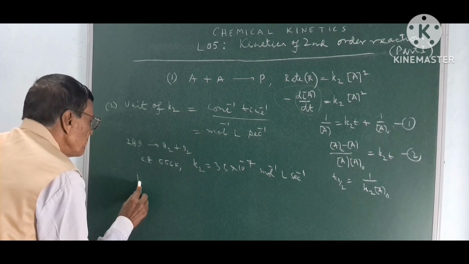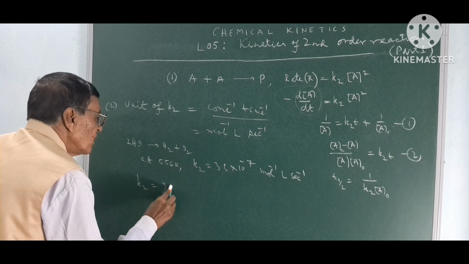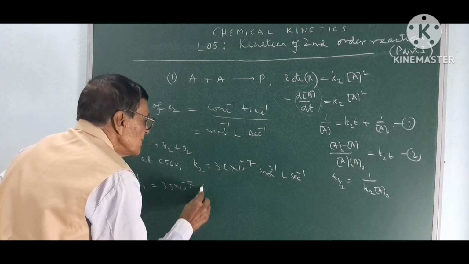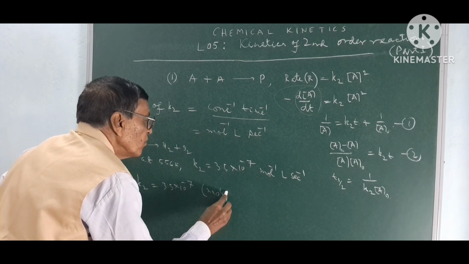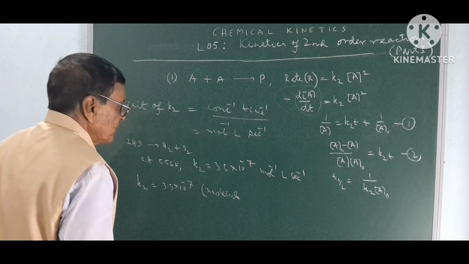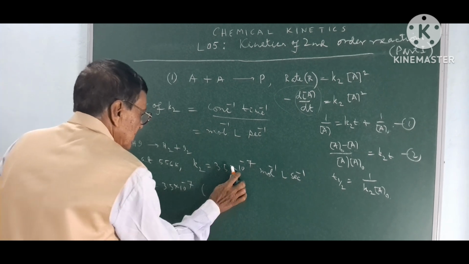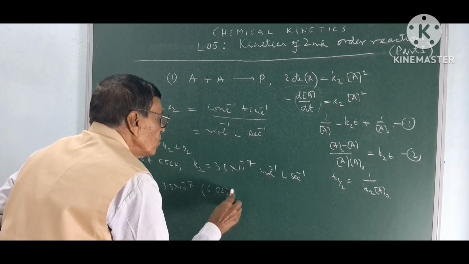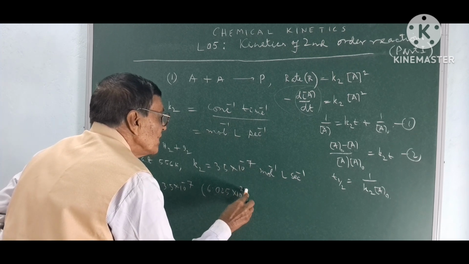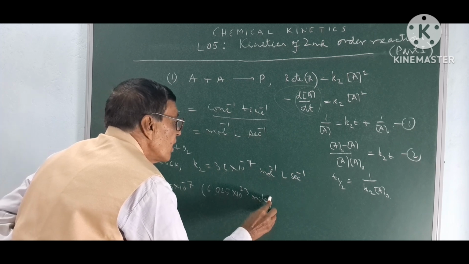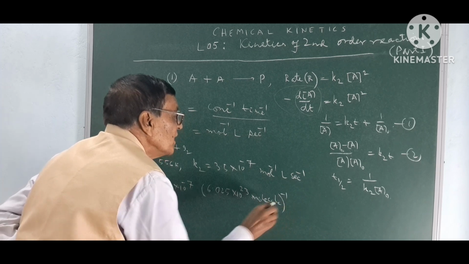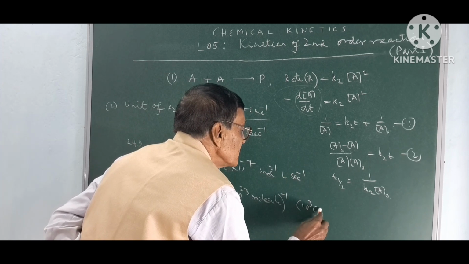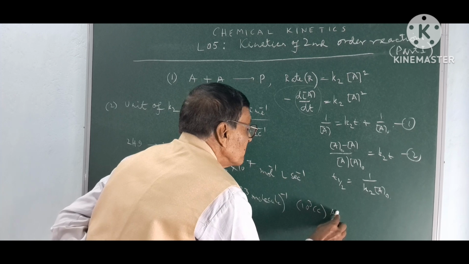So K2 equals 3.5 into 10 to the power minus 7. Instead of mole we can write molecule, 6.023 into 10 to the power 23 molecule inverse. Instead of liter, we can write 10 to the power 3 cc, and second inverse.